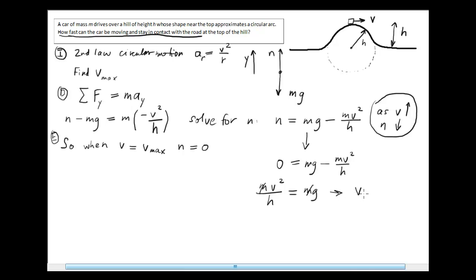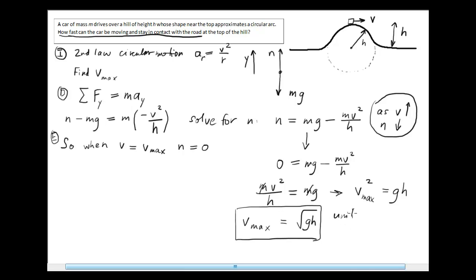So this tells me that v max, I'll call it v max now because that's the condition for the normal force to go to 0, is equal to the square root of gh. And I don't have any numbers given, so that's basically as far as I can go with the answer.